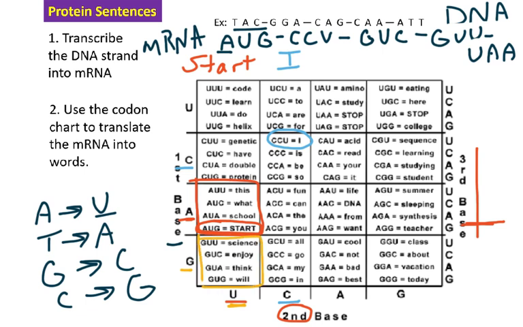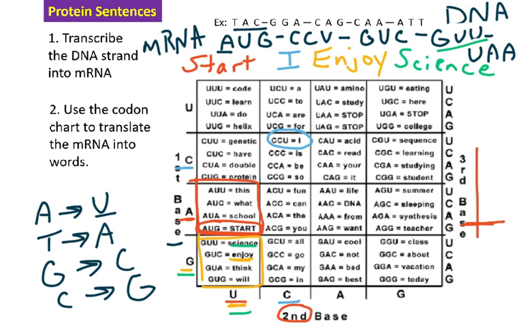And C, so the word is enjoy. The next one, let's do green, is GUU. So G, U, U, which is science. You probably could have guessed that one since I'm the one that's picked the example.